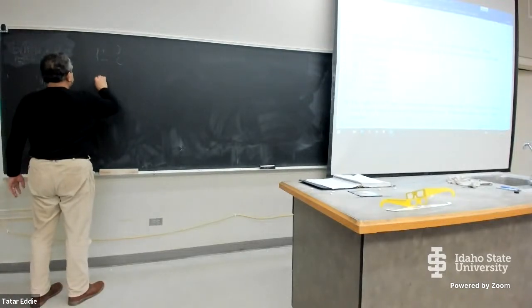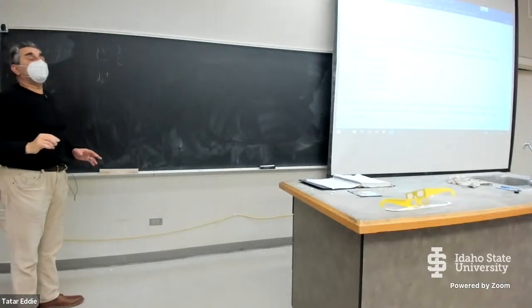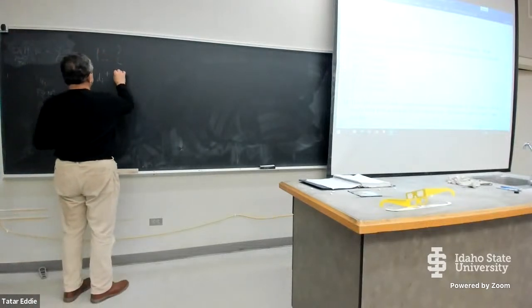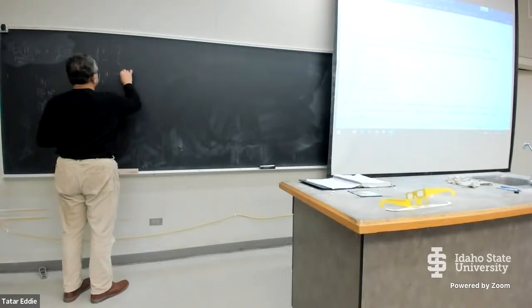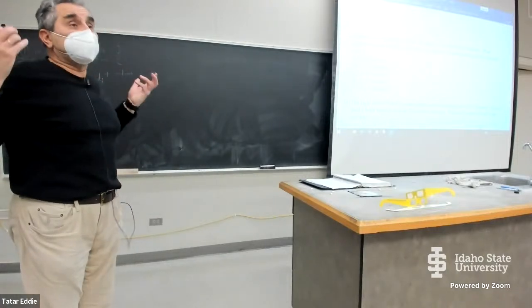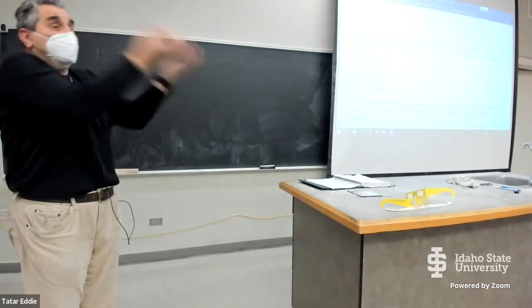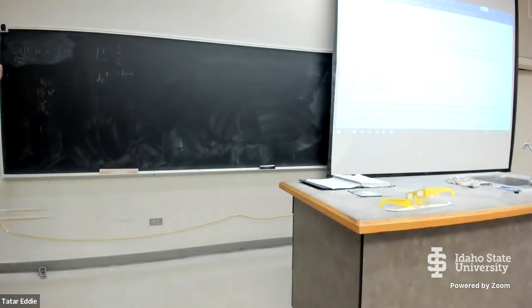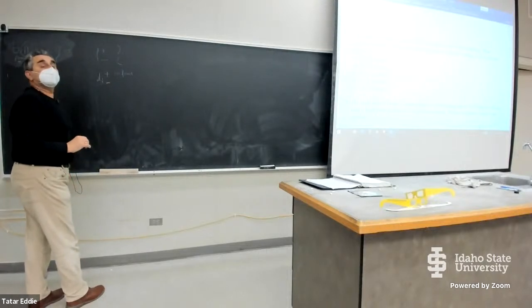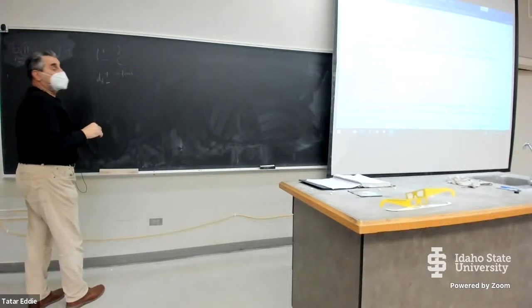DI is positive if the image is formed in front of the mirror. This is the normal location of the image when you have reflection, to the left of the mirror. This is the normal logical place. And of course, you get negative if it is behind the mirror, to the right of the mirror.